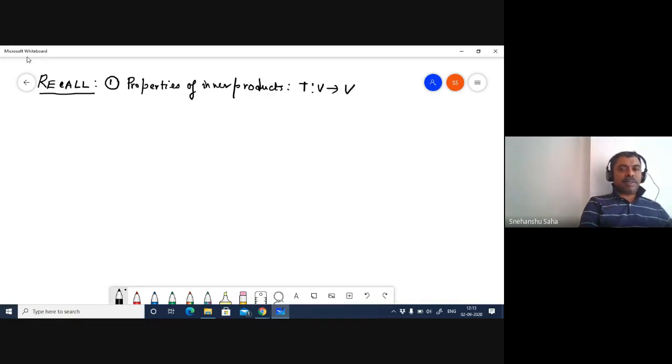Let's say we have a linear transformation in such a way that there are elements in B. All right, and then we have a bunch of results as far as inner products are concerned.